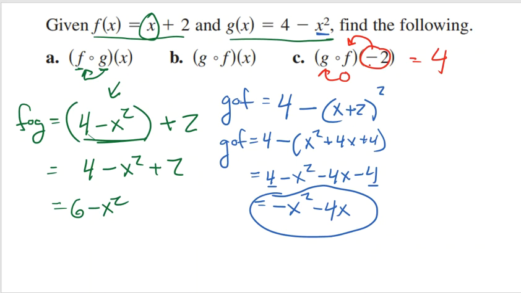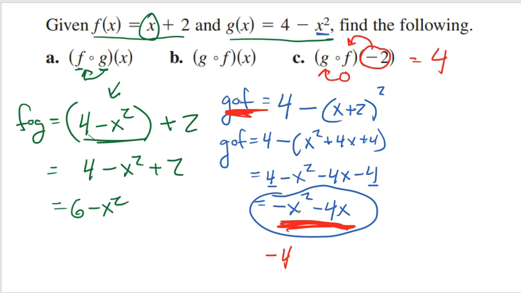Now the other option you could do is to take negative 2 and plug it into the function we created, that is f of g. So let me slow down for a second, I'm sorry.